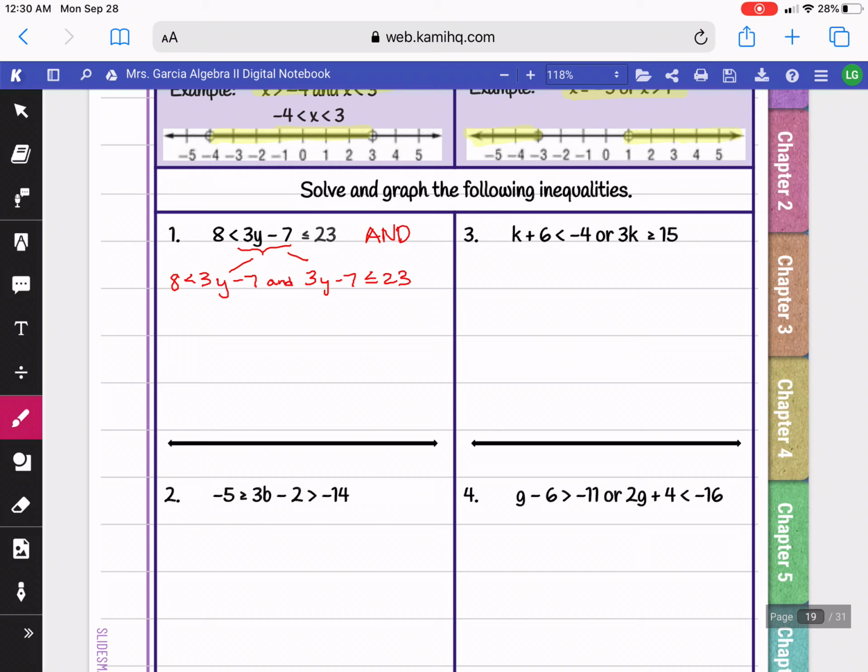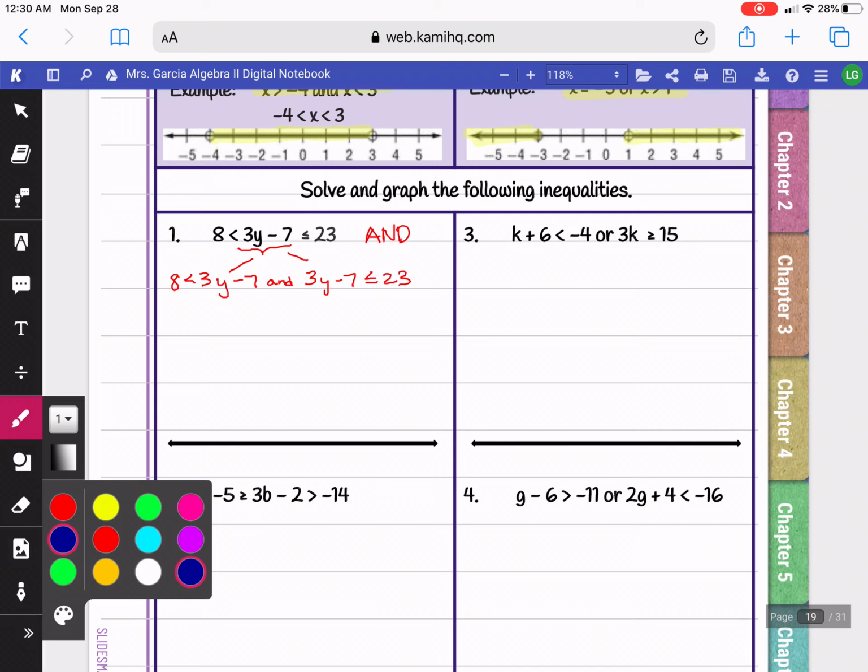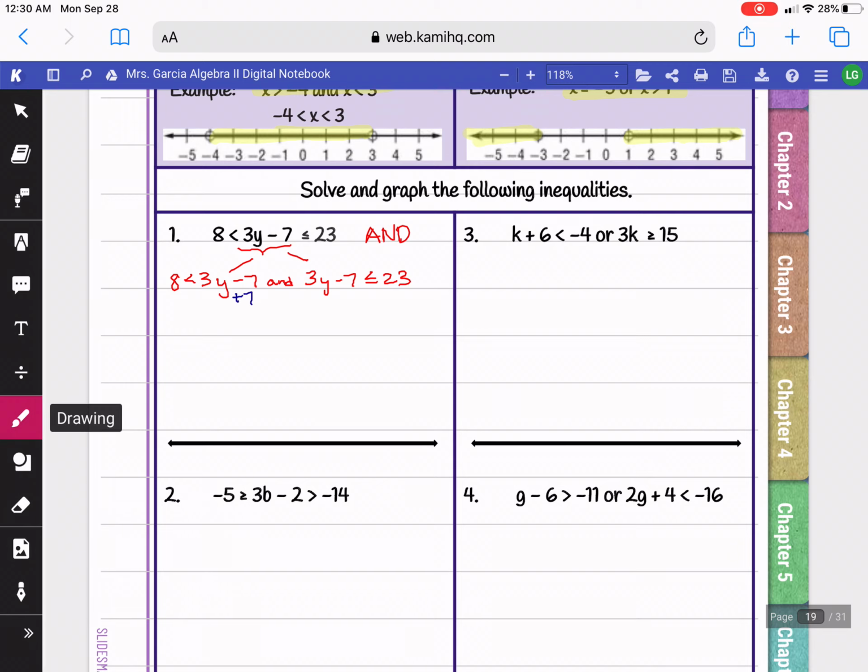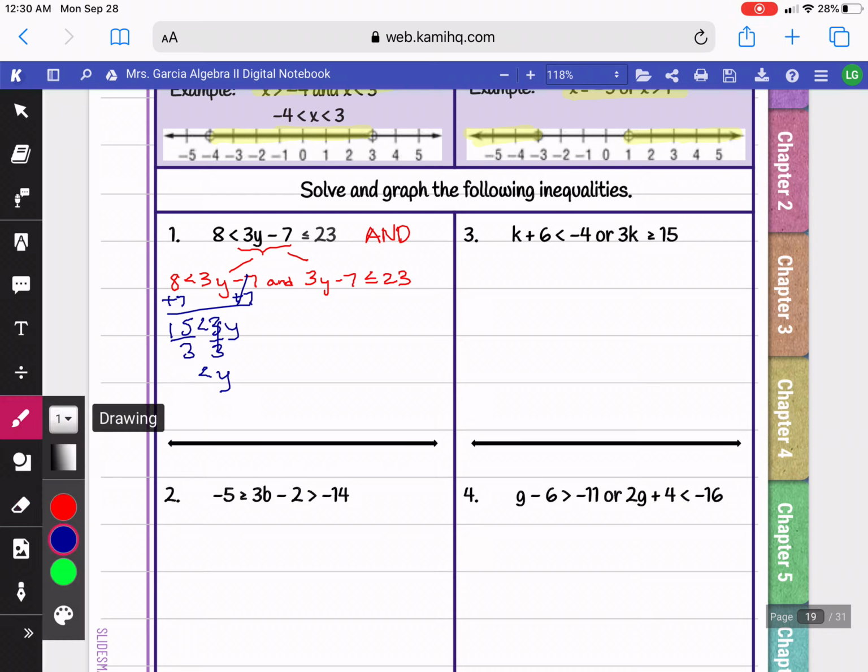Here you can solve for y. So for this first one, I got 5 is less than y. Let's solve the second one.